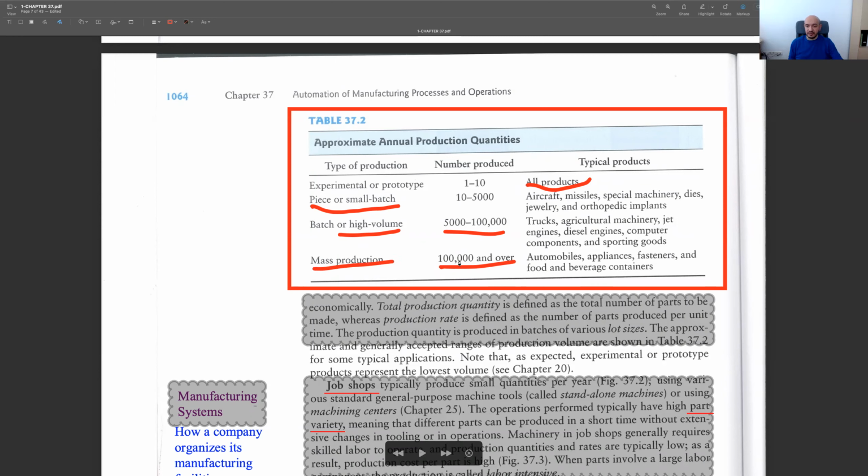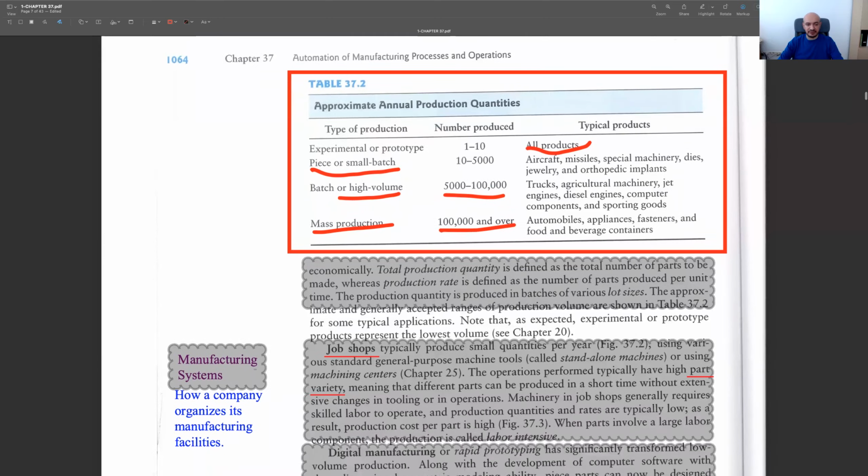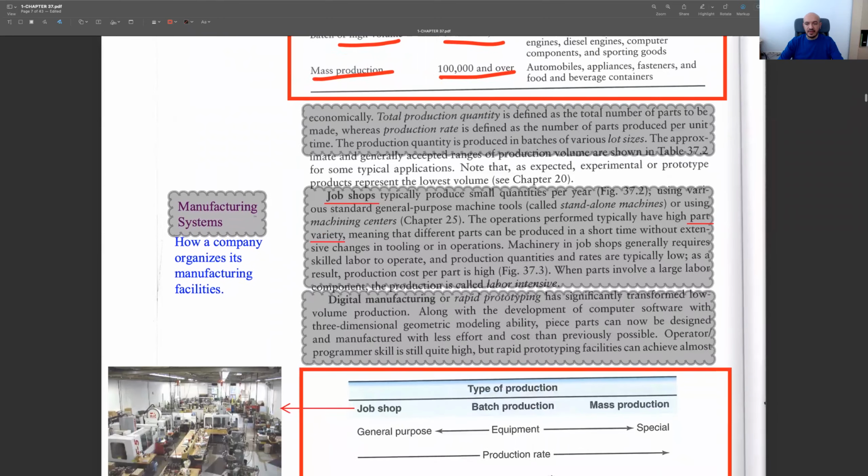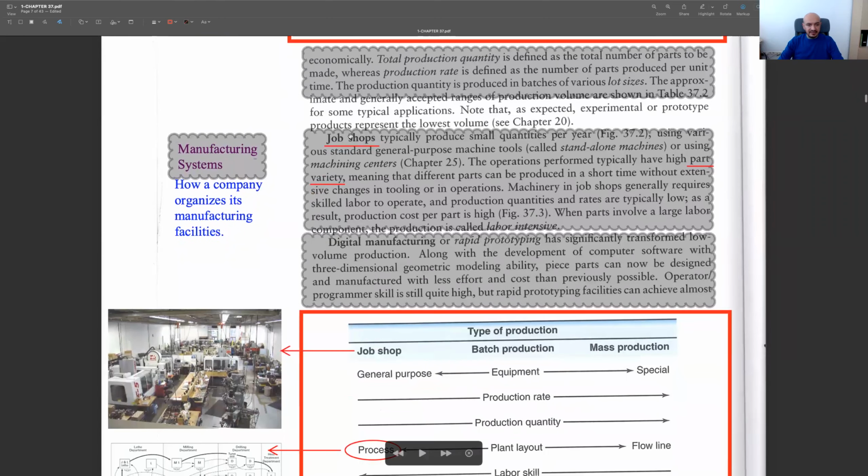And what do we produce with mass production? We produce, as you see, food and beverage containers, some fasteners, some automobiles. So they can all be manufactured with mass production approaches. We discussed job shop systems. It's a summary.